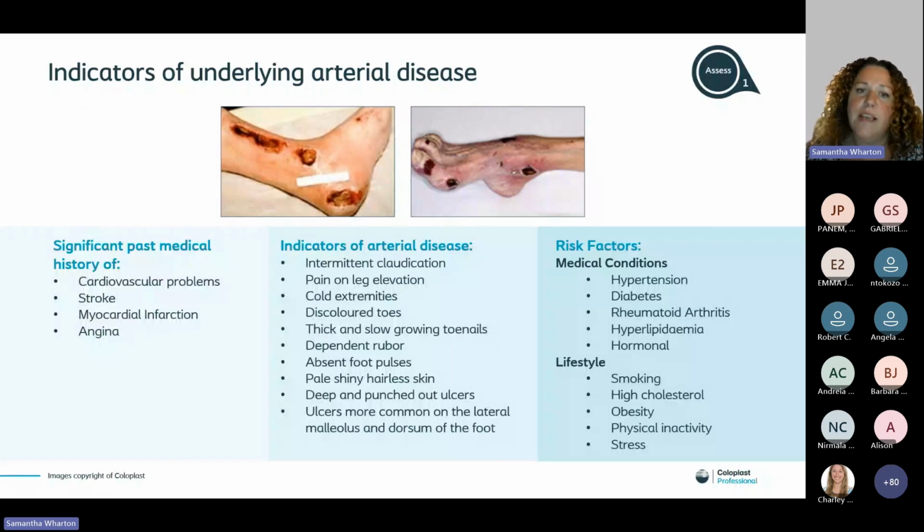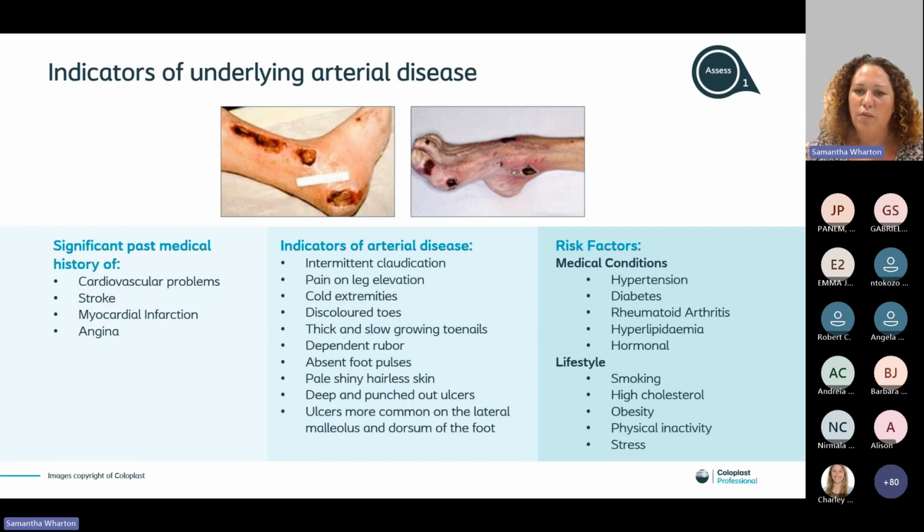Cold extremities, because that blood's not able to get down there efficiently, it can cause very cold toes, discolored toes, and also thick and slow growing toenails, because the blood's not getting down to where it needs to go, the nails aren't growing. Dependent rubor, so that's where the leg's really, really bright red. And then when you lift up the leg, it goes really pale.